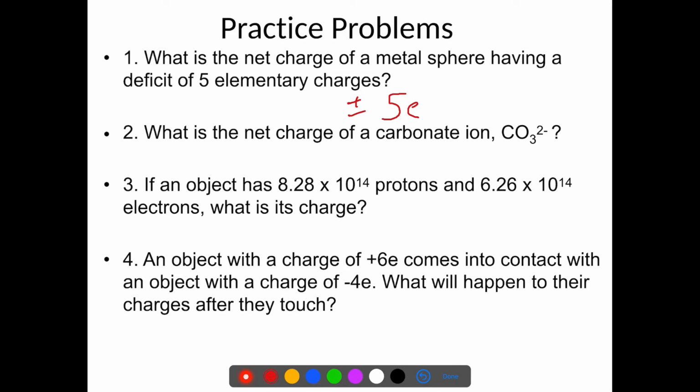If it has a deficit, I know it's electrons, because they're the ones that can move. You can never have a deficit of protons, that means you changed your element. So it is plus 5e, because it has lost 5 electrons.